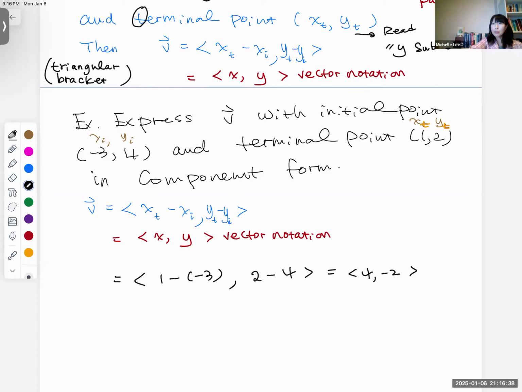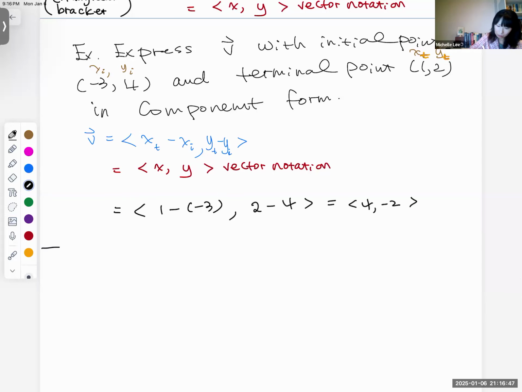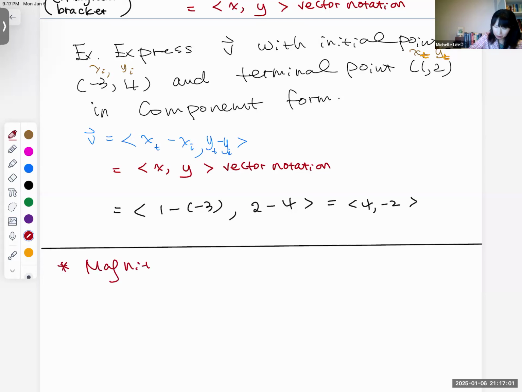All right. So let's talk about the magnitude. How do you find the magnitude? So we have a vector v, the magnitude of vector v. Yeah, so we denote two vertical lines. One line is the absolute value, right? So we have two lines. So that is the magnitude of a vector v.